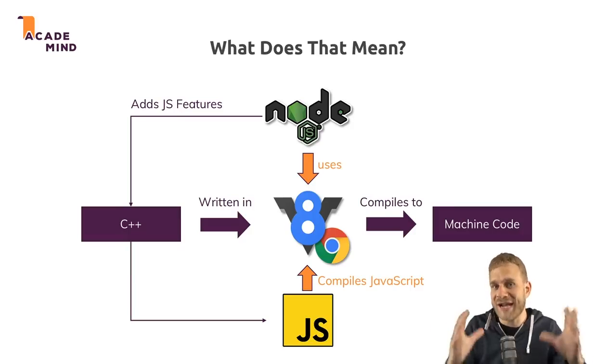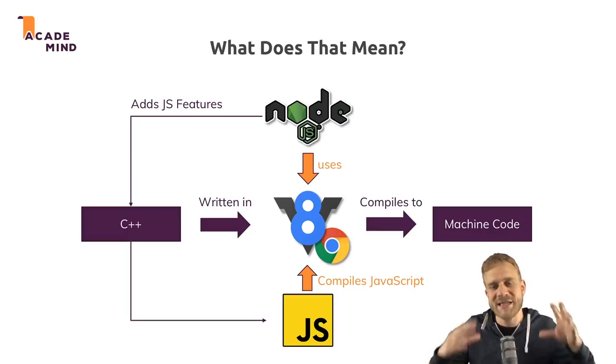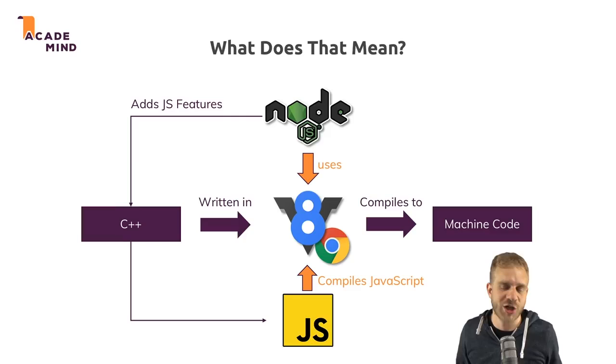So this is how that works together and what Node.js does. It allows you to run JavaScript on your computer, and it adds useful functionalities to the JavaScript engine so that you can do more useful stuff there than you can do with browser-side JavaScript.